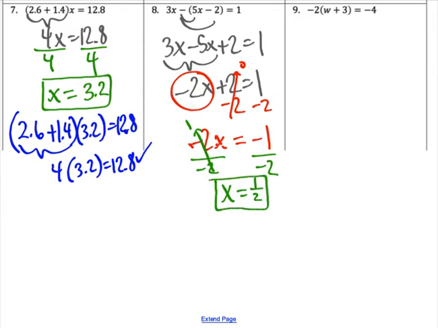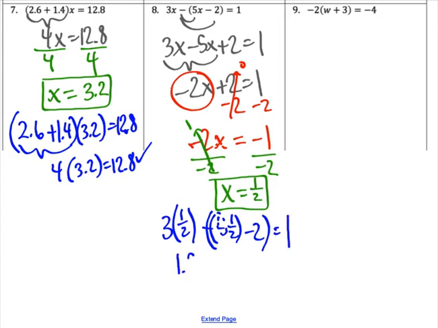Then we're going to check our solution. 3 times 1/2 minus 5 times 1/2 minus 2 equals 1. 3 times 1/2 is 1.5. We're going to subtract from that 2.5 minus 2. So 1.5 minus 0.5 equals 1. That is true.